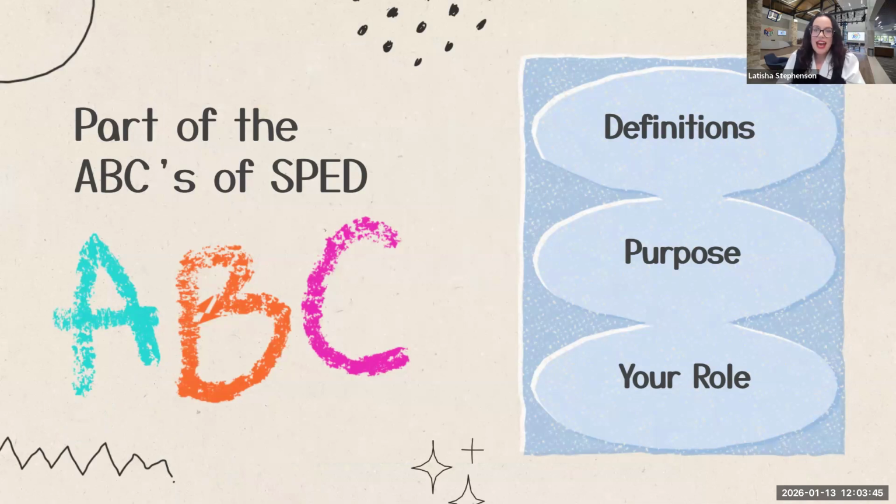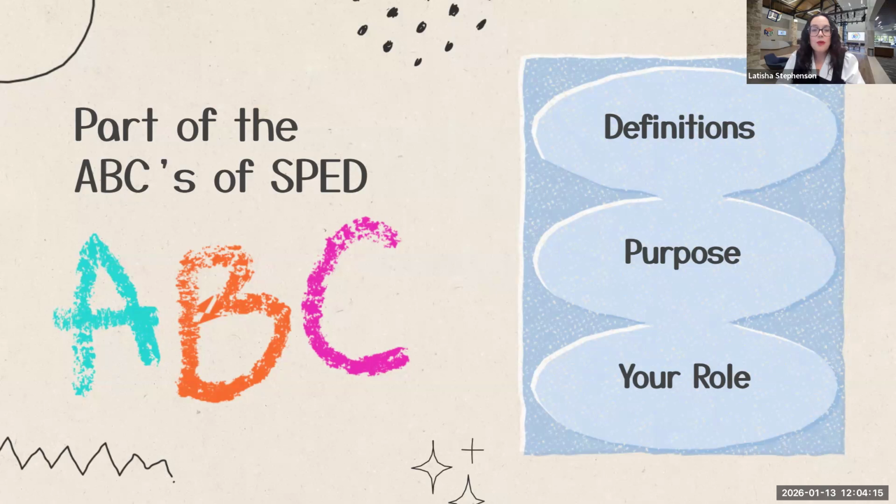So, like I said earlier, we're going to talk about a little bit more than a behavior intervention plan or a BIP. But we are going to dive a little bit for just a moment into the ABCs of special education. If you have been around in the special education world for a while, maybe your child's a little bit older, maybe you have multiple children, perhaps you were a special education student yourself, you quickly learn that there's a lot of new phrases and words and almost its own language when we're talking about special education.